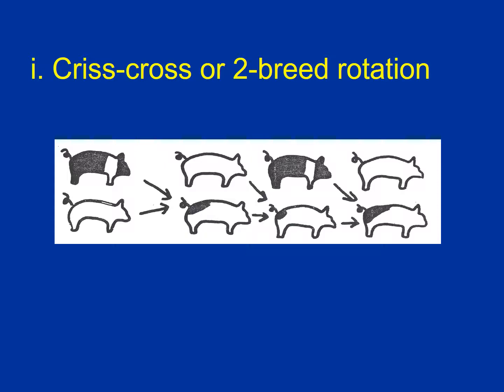So first, a 2-breed rotation is also known as a crisscross system. For our illustration, here we're going to be talking about pigs, but the same would hold for any species. So notice on this is the boar on top here. We have the gilts down below.